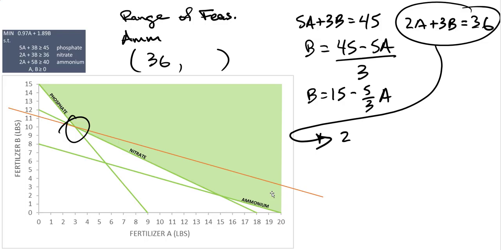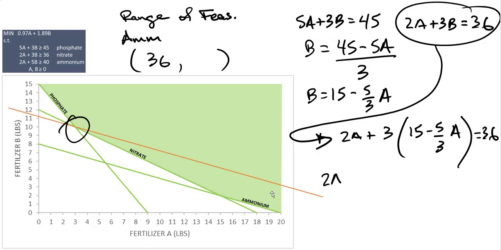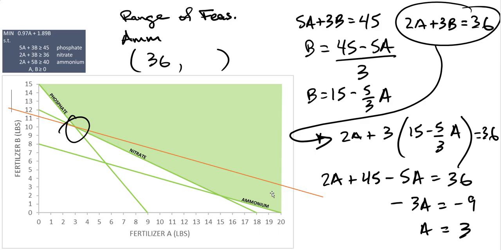So now with 2a plus 3 times (15 minus 5/3 a) equals 36, we end up with 2a plus 45 minus 5a is equal to 36, or that minus 3a is equal to minus 9, or a is equal to 3.